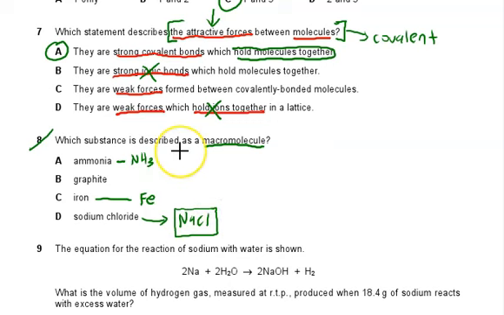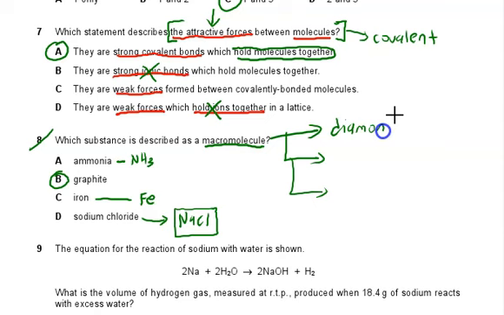So your best answer here will be B, which is graphite. So remember, for macromolecules you have only 3: one is diamond, then silicon dioxide, and we also have graphite.